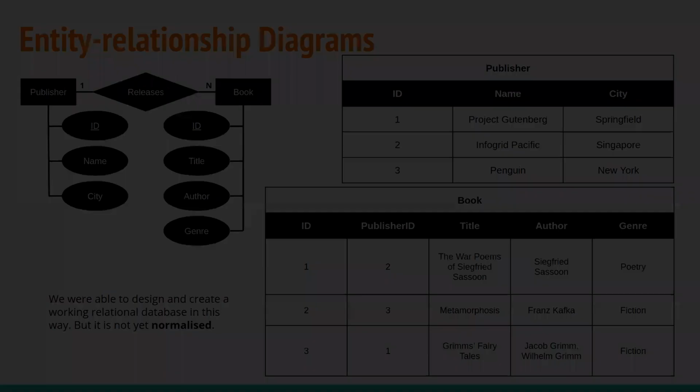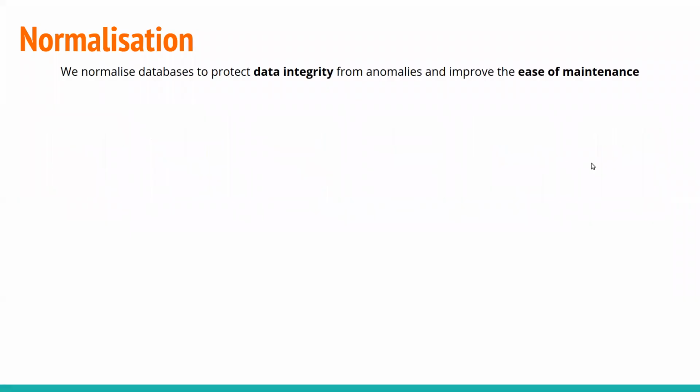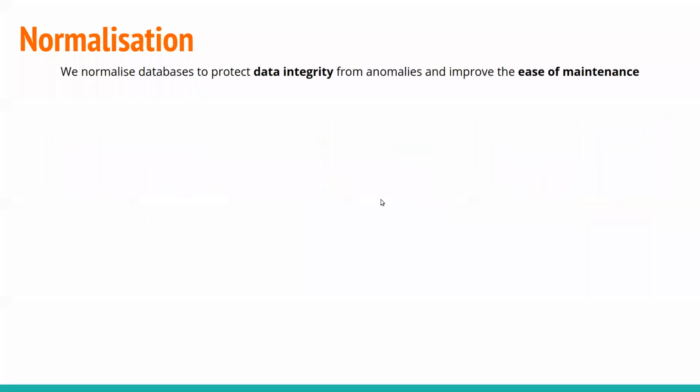So we're going to discuss why and also how we can fix it. The entity relationship modeling allowed us to do these middle 4 steps, but we still have this one last step on the right here. It says normalize the database, resolve issues that may affect data integrity. We're going to learn the rules of how to do that. So what is normalization?